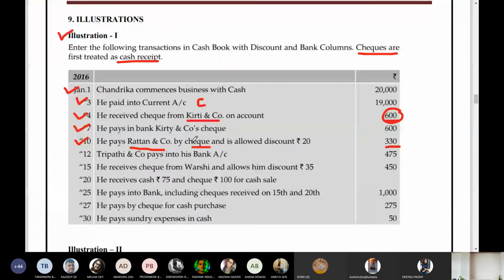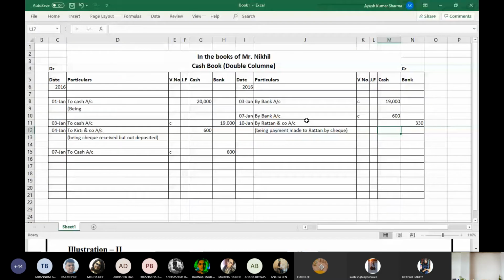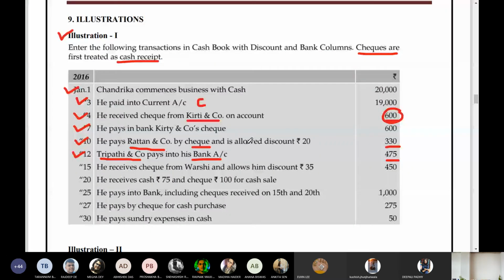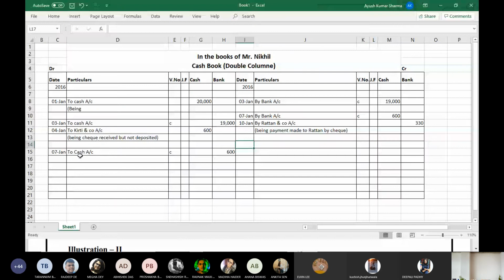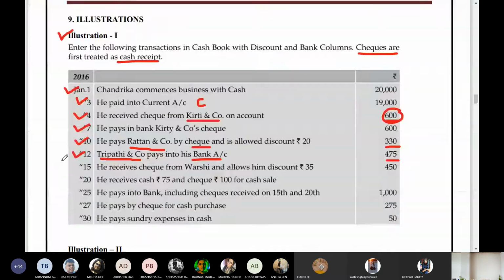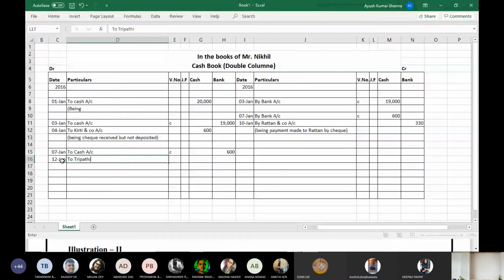Okay, the next, 12th, Tripathi and Co pays into bank account. Now, this is a debtor who directly pays the amount into your bank account. This can be done. So what we will do, on the debit side we'll write 12th January to Tripathi and Co account.